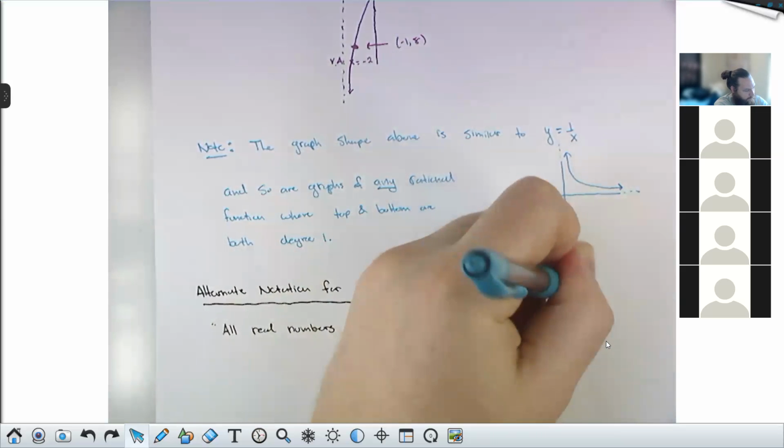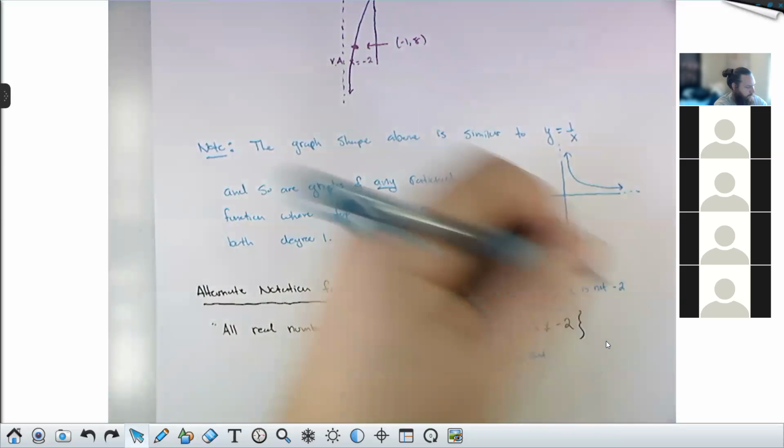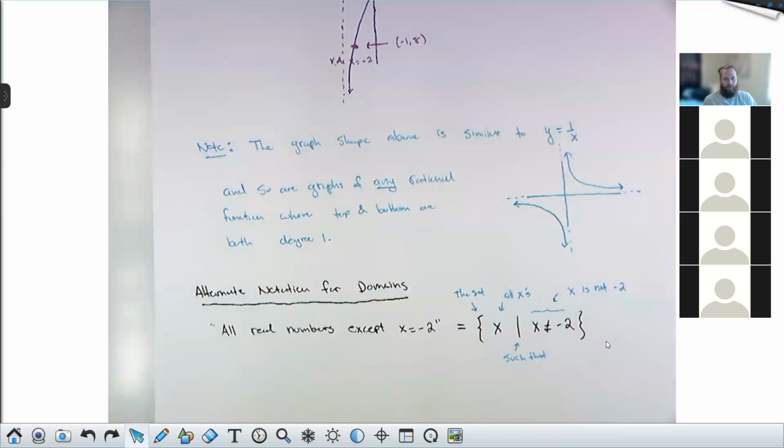And here you put your conditions. That's how you read this. It is the set of all x's such that x is not -2.